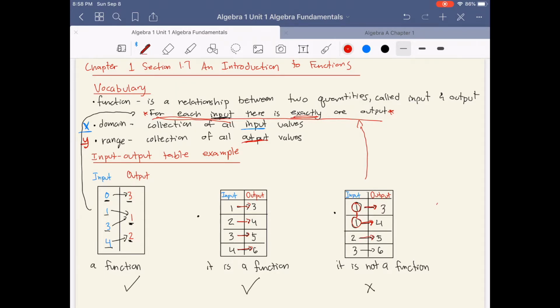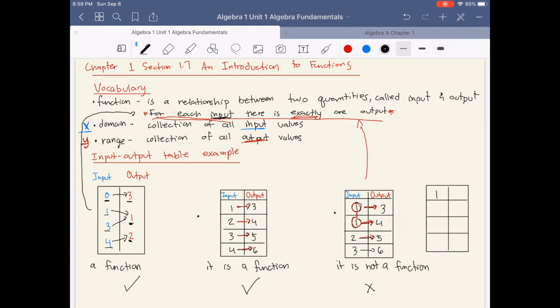Okay. Now let me throw you a little bone to give you a more clear idea. Now, what if I had this? Let me draw another chart for you. Okay. So you guys already know that the left side is the input and the right side is the output. So what if I had these numbers written down?